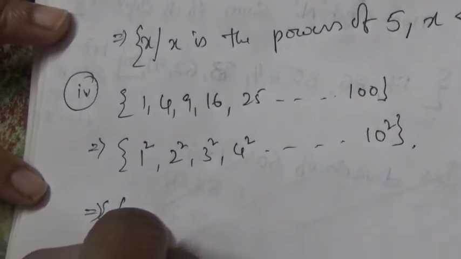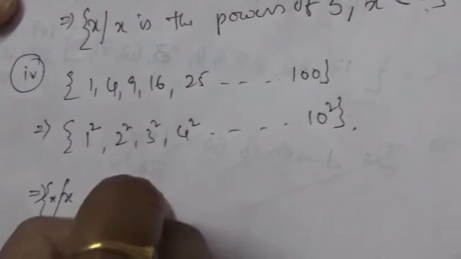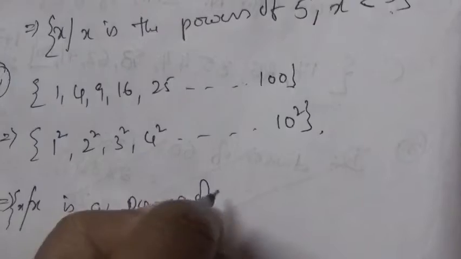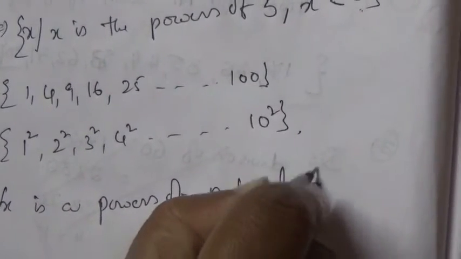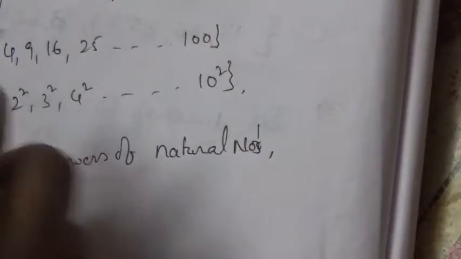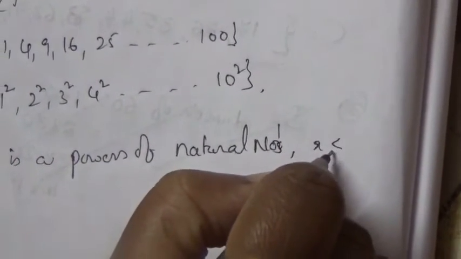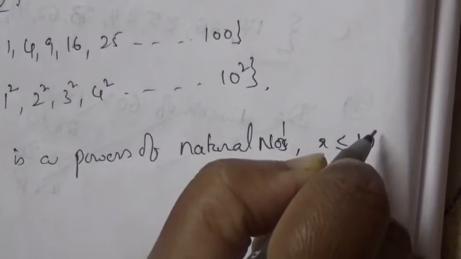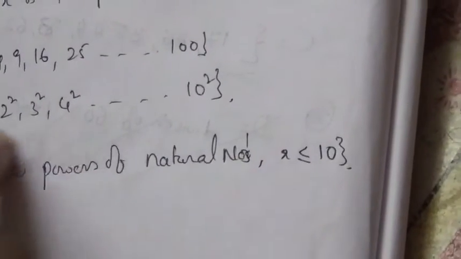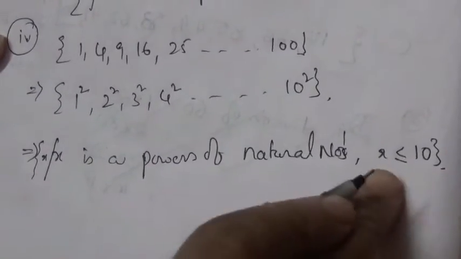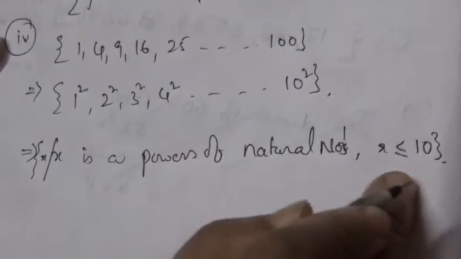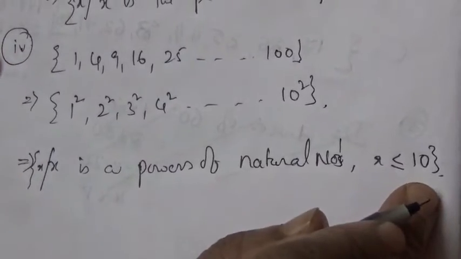X colon x is the square of a natural number, where x is less than or equal to 10. Equal to 10 means 10 is also there, that's why I wrote less than or equal to. Okay, natural numbers. So now we enter into the 7th question.